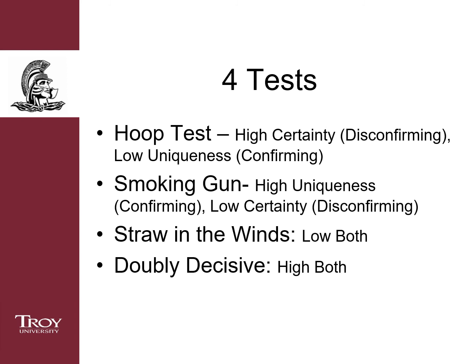Uniqueness is confirming evidence, right? So the hoop test is this idea that your theory has to jump through a hoop, and any failure to jump through the hoop disqualifies it. However, jumping through the hoop doesn't necessarily qualify it, right?